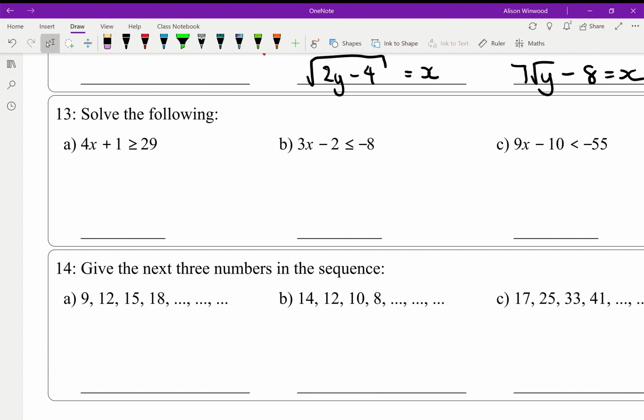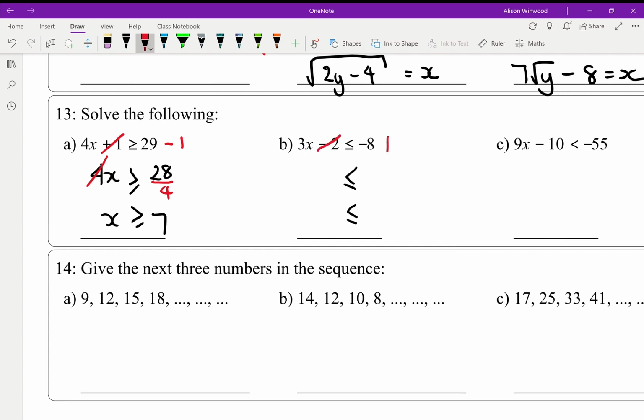Solving inequalities is exactly the same as solving equalities, except we use the inequality sign rather than the equal sign. So the opposite of add is subtract. Opposite of multiply is divide. Sort out the inequality sign first.